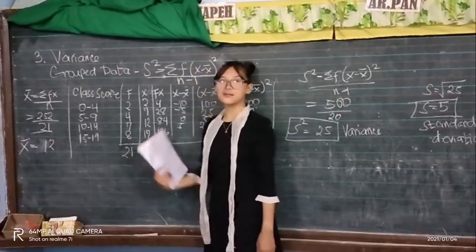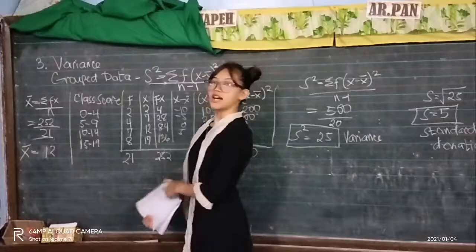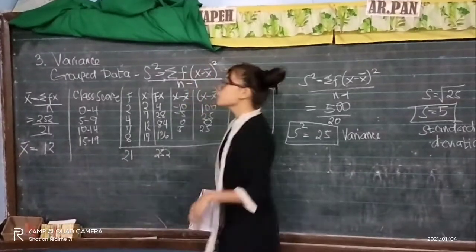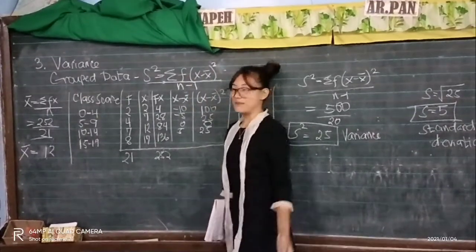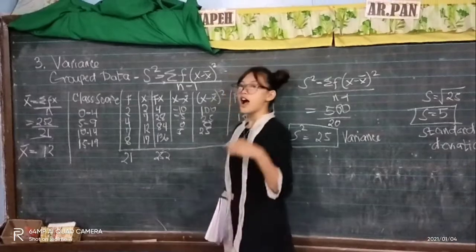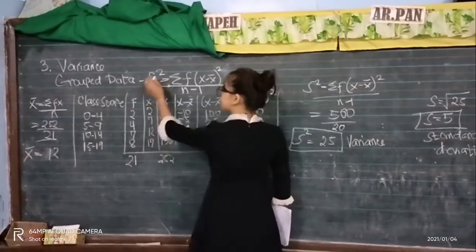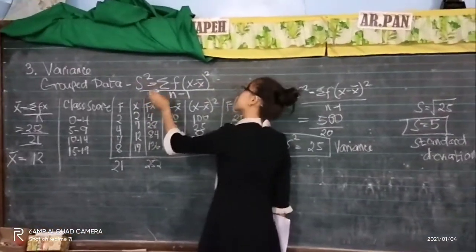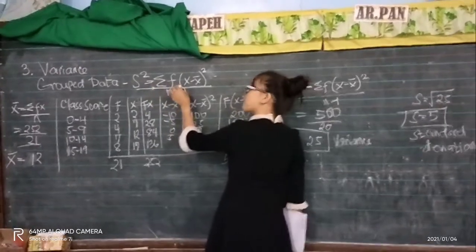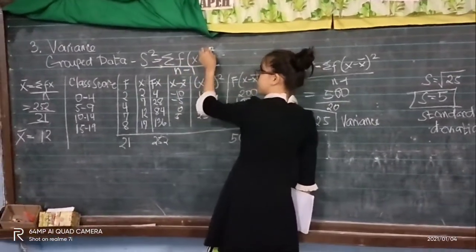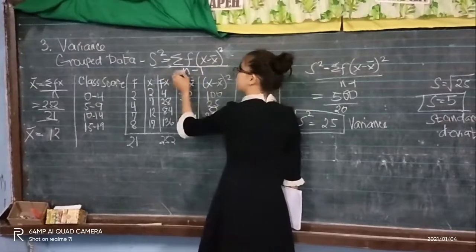Okay, so let's proceed to variance for grouped data. For grouped data, our formula is S squared is equal to the summation of f times the quantity x minus mean raised to the power of 2, all over n minus 1.